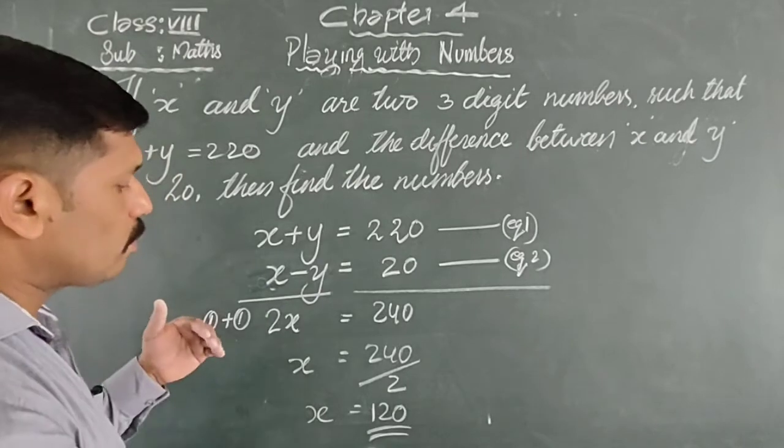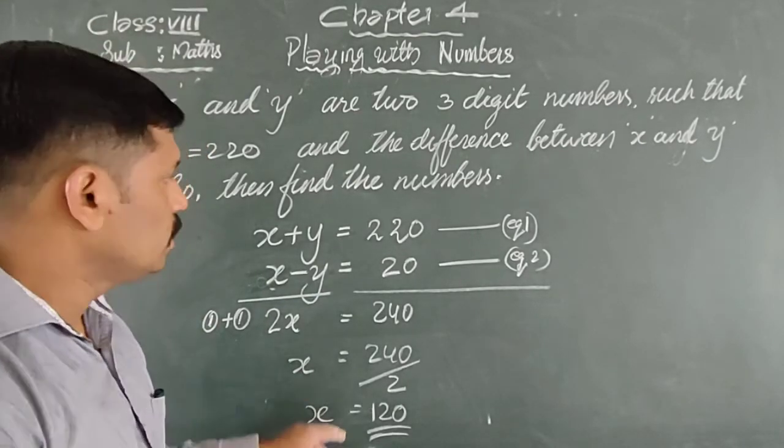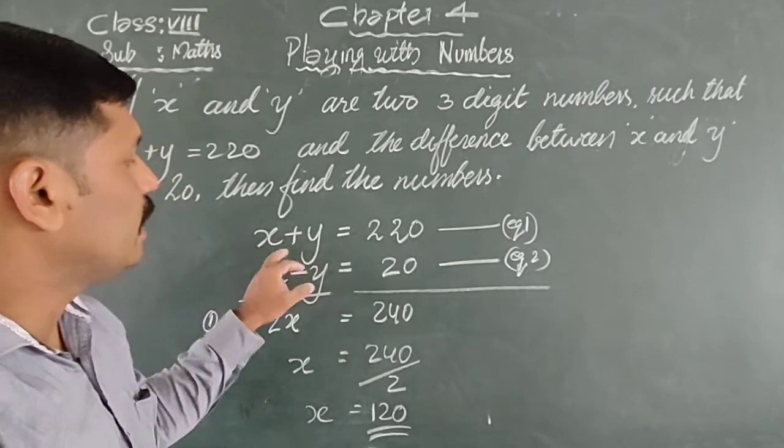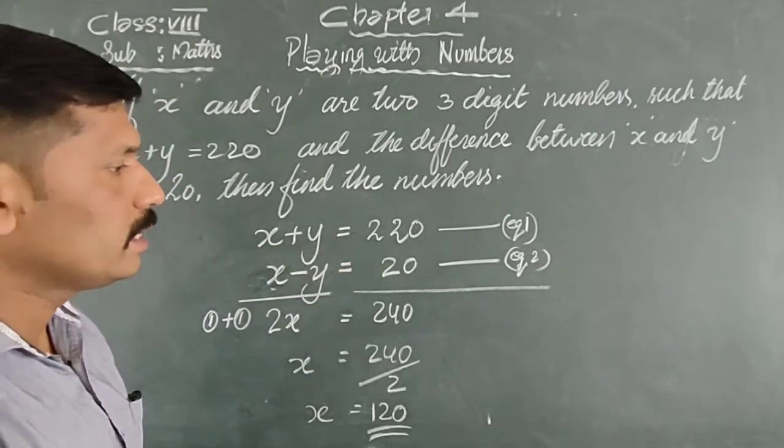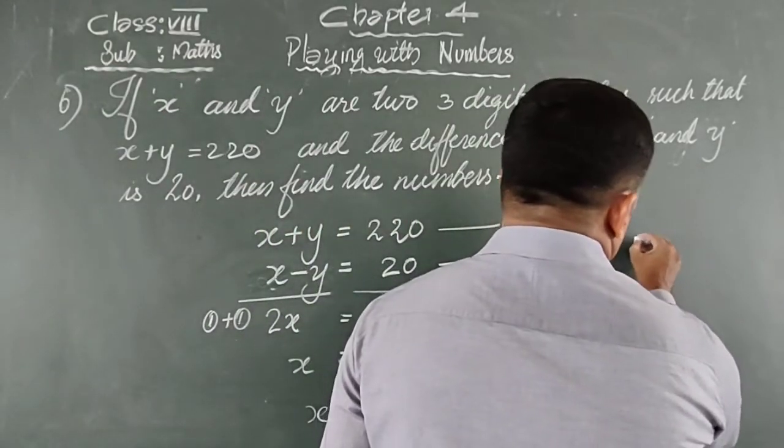So we are going to find Y. How to find it? We know what X is now. So any equation we can take, this equation or this equation. I am going to take the first equation, substituting the value.